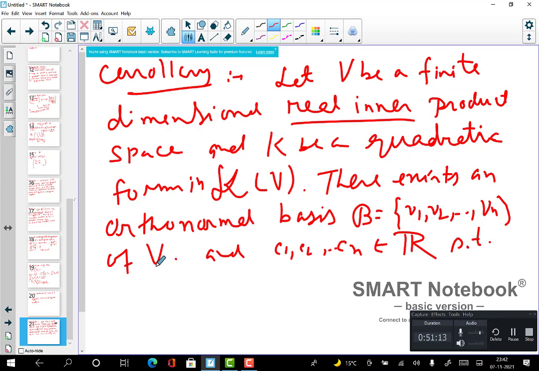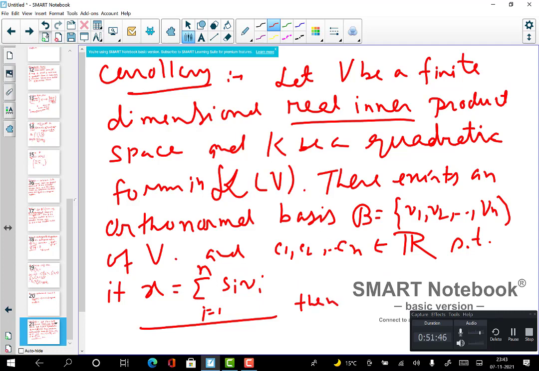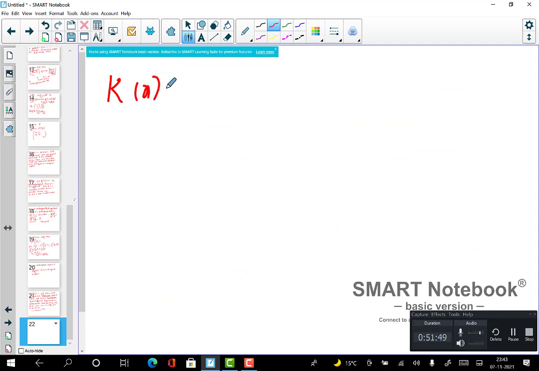Such that if you choose an element of V, say X, equal to the summation Si Vi with respect to the basis, then you can write down K of X. Then your quadratic form will be of this form: summation Ci Si square, i equal to 1 to n.